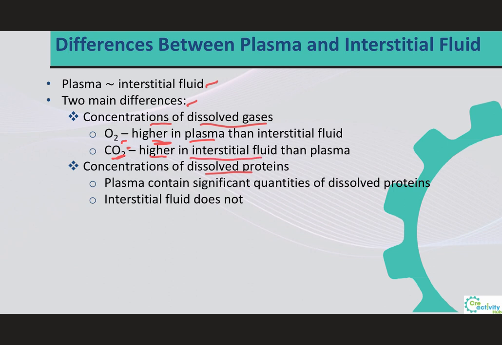As a result, oxygen will diffuse out of the bloodstream and into the peripheral tissues, because it will go from an area of higher concentration to an area of lower concentration by diffusion. And this means that the opposite will occur for carbon dioxide. Since there is more carbon dioxide in the interstitial fluid, it will diffuse into the blood vessels where the concentration is lower.